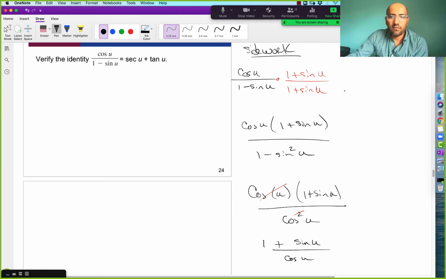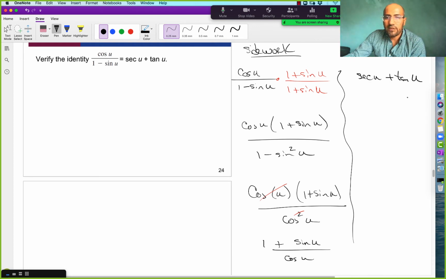That's fine. And on the other side, if I had started with secant of u plus tangent of u, then this would be 1 over cosine u plus sine u over cosine u, which means it's 1 plus sine u over cosine u.